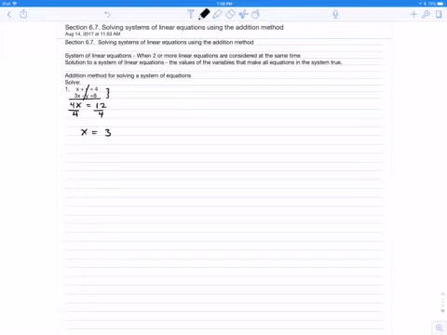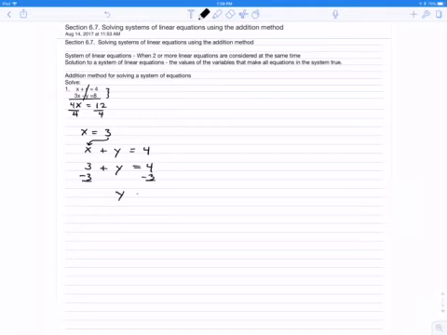To find the value for the other variable, just pick one of the equations. It doesn't matter which. I'm going to pick the first one. I'll replace x with the value for x that we just found. Okay, and solve for y.